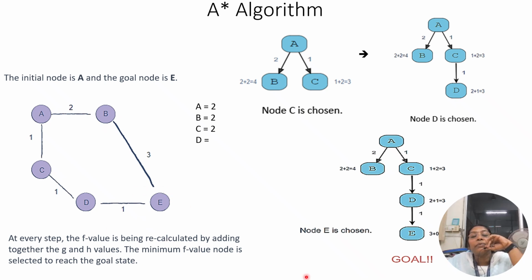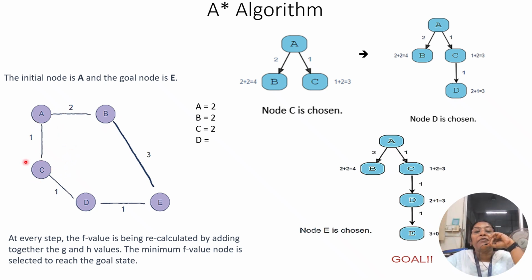So when I make the problem work with the A star algorithm, the starting node is A, where the A node is connected to two more nodes, B and C. Now I have to find the f of n value, which would be g of n plus h of n.